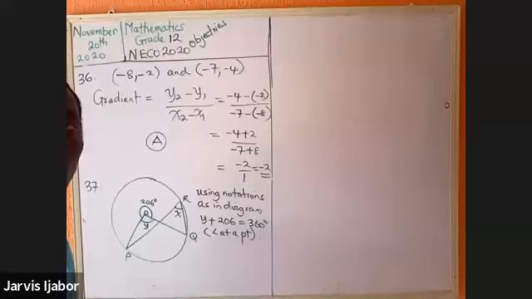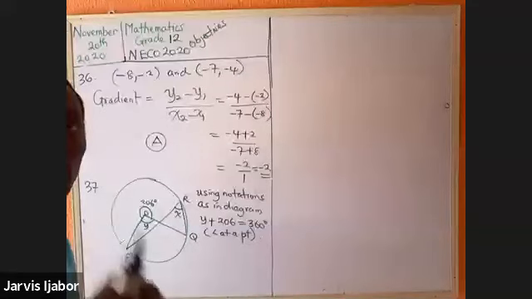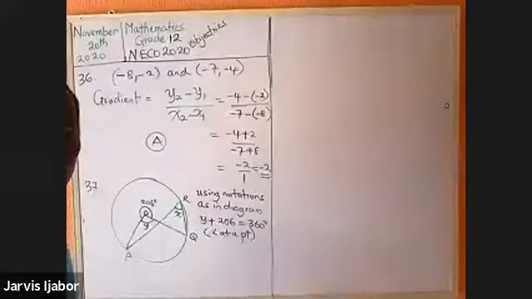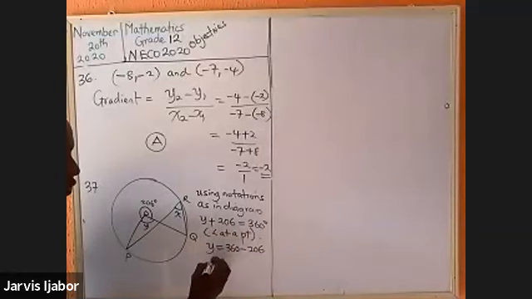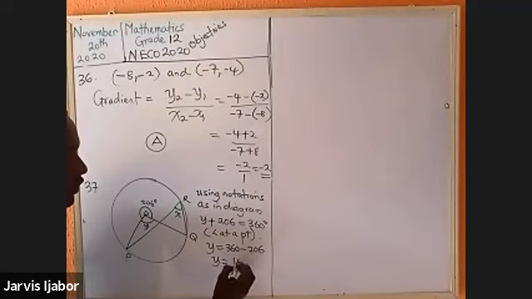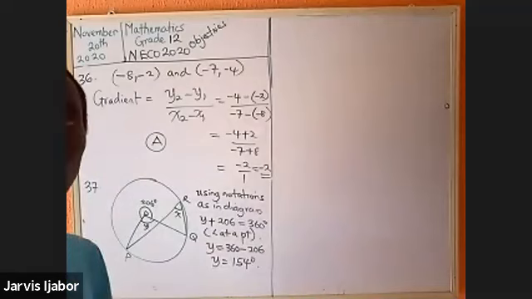Angle at a point will give me that value. This will now be Y equals 360 minus 206. So Y will now be equal to 154 degrees.